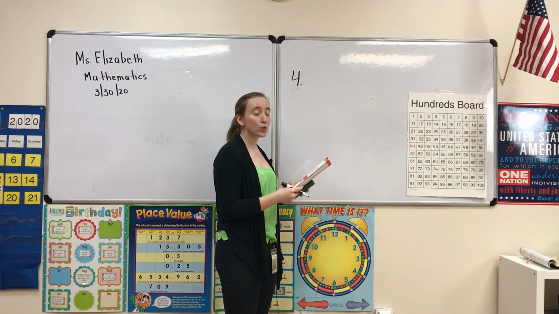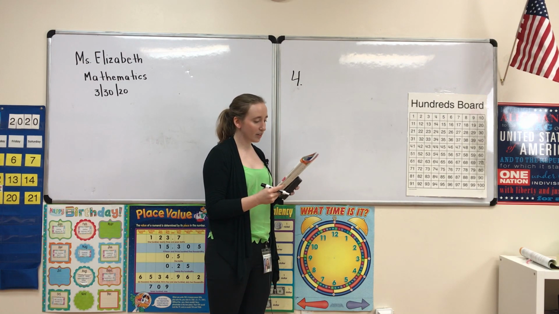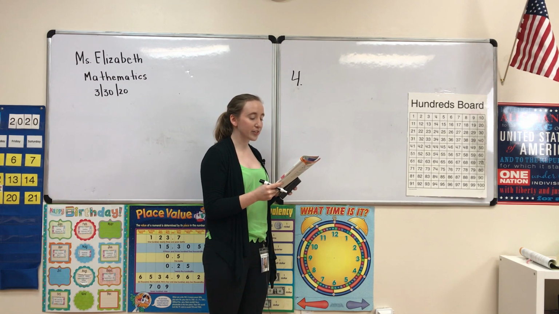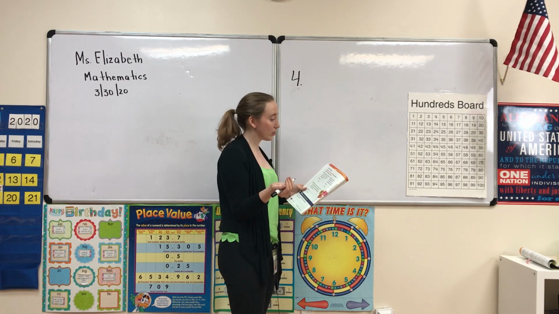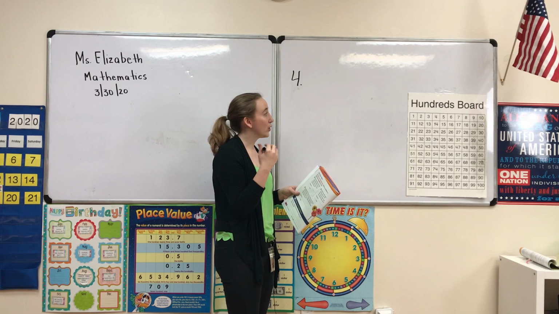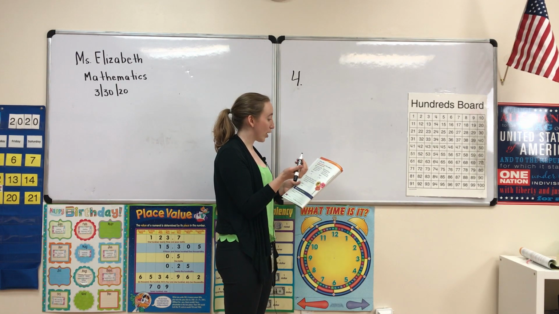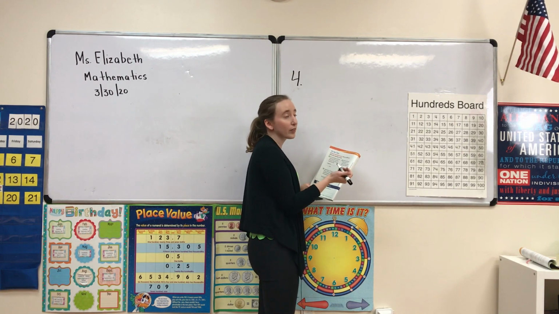Dan has 20 jars. He finds more jars. Now he has 60 jars. How many jars does Dan find? You can do this in a couple different ways. You can use your number chart. You can draw a picture if using tens and ones helps you, but we're going to need to write down the equation.